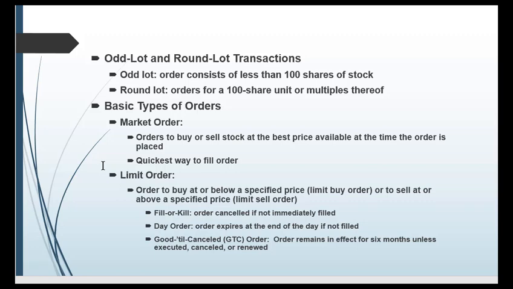Typically, this is going to remain in effect for some time. Could be 6 months. It could be less than that. It could be stated how long you want that to stand and hold open. But at the end of the time frame, it's either executed or it's canceled, or it could be renewed sometime in between.